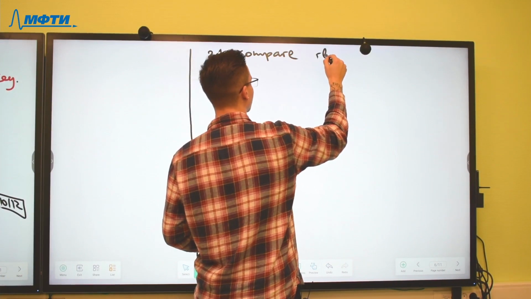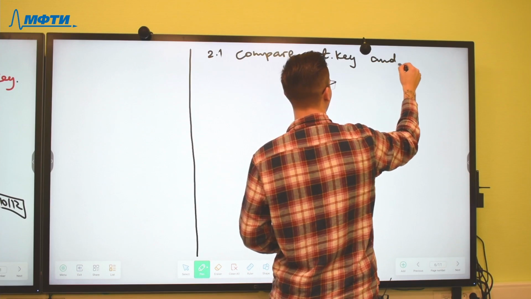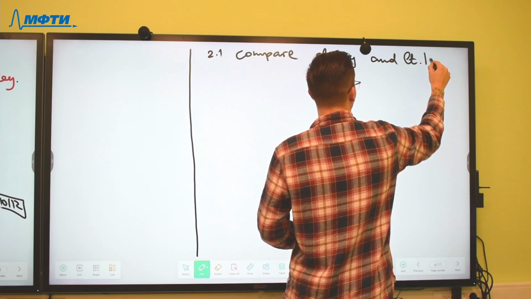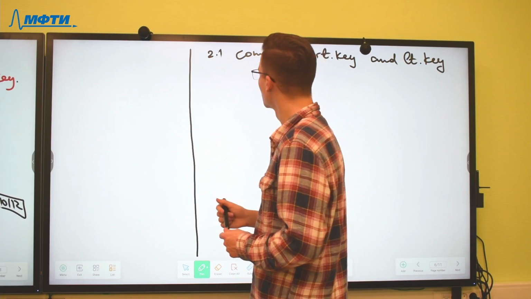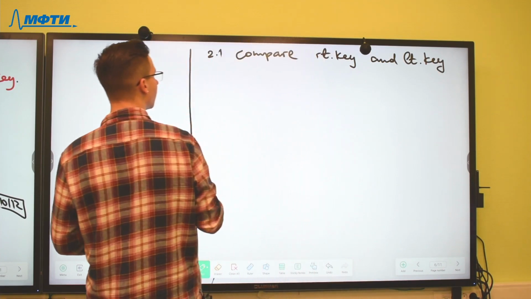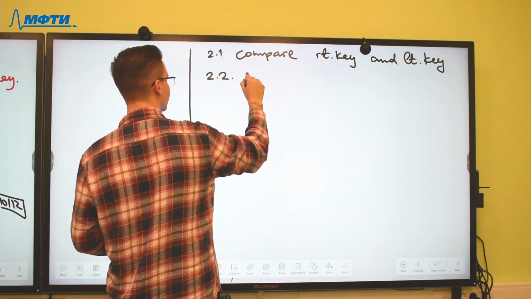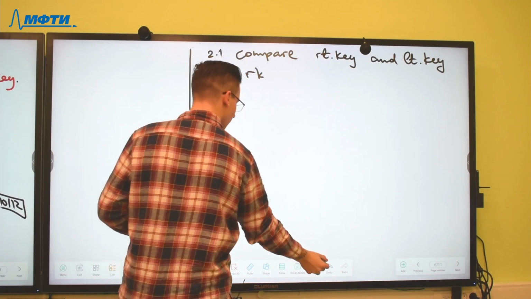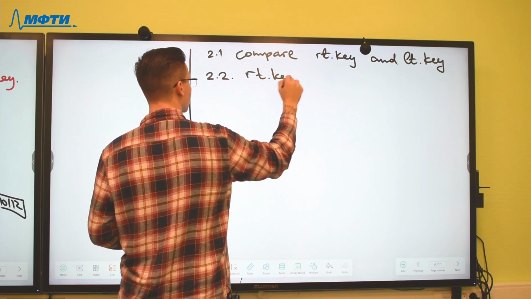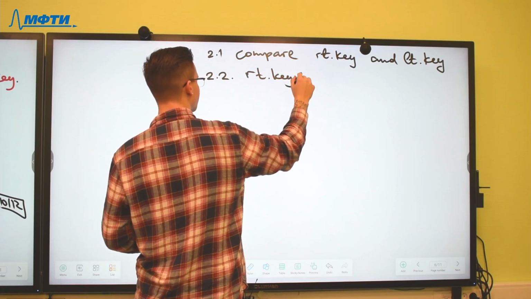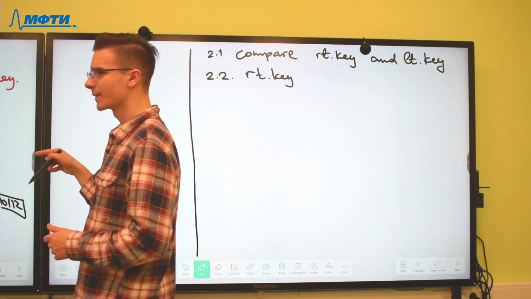Compare RT k and LT k. Oh no, we compare priority numbers here.